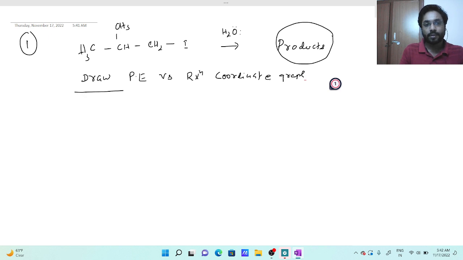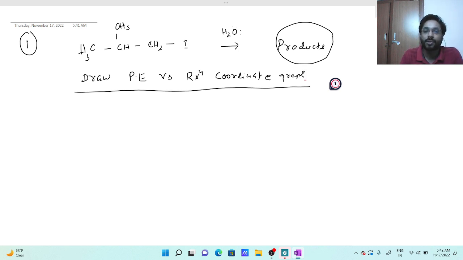Let us draw it. This will clarify the concept of potential energy versus reaction coordinate. So in the first step, what is happening? Let's say I'm just drawing it with the bond line representation. Is it fine for you? So these are the two methyl groups, CH3, CH3, this is CH, this is CH2, and this is I.